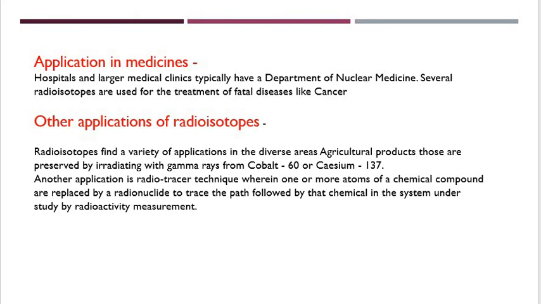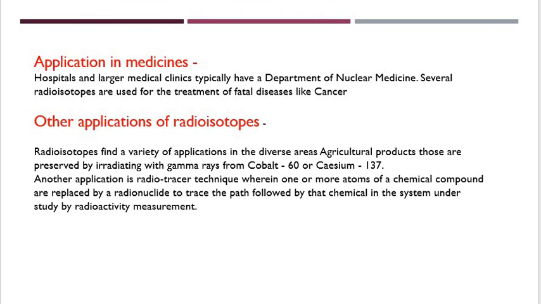27 cobalt 60 it is used for curing the cancer. 53 iodine 131 it is used for thyroid cancer, and so on. For diagnostic purpose also, short-lived isotopes we use in a limited way, and we diagnose so many diseases in this way.